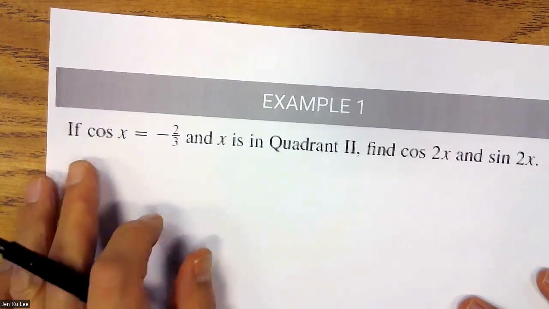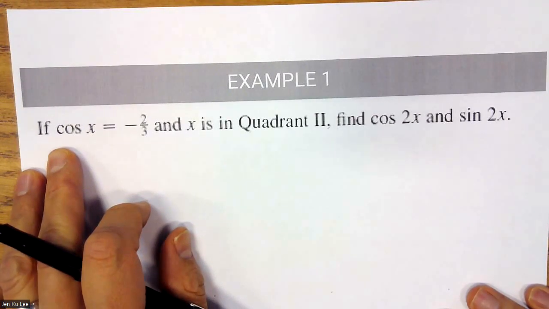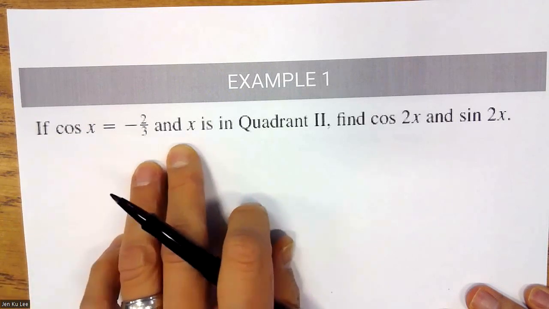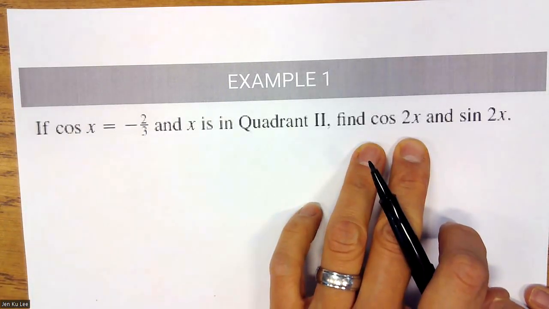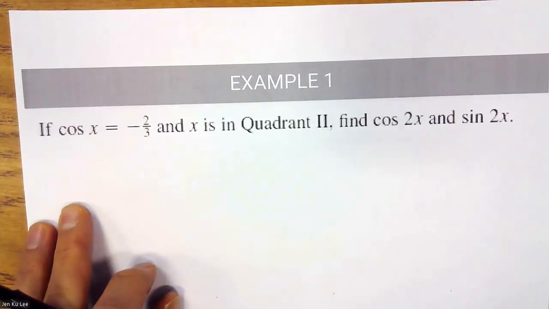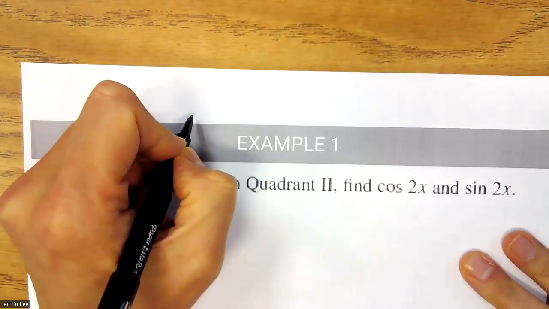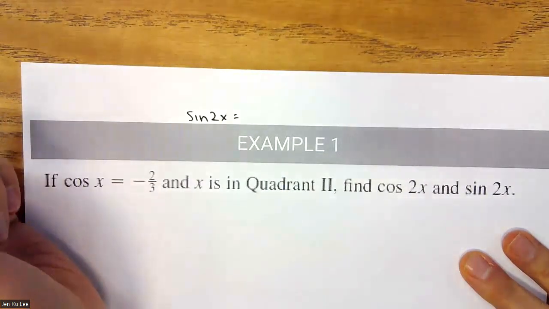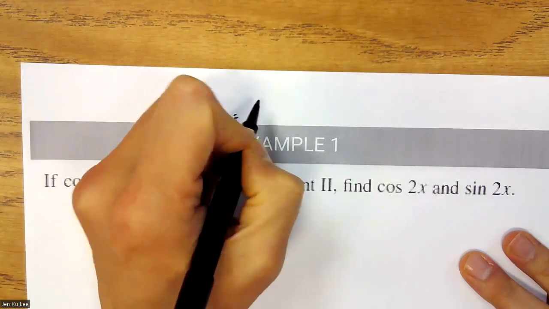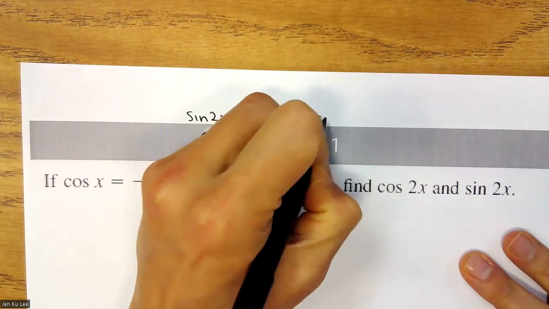All right. So here, if cosine of x equals negative 2 over 3, and x is in quadrant 2, find cosine of 2x and sine of 2x. Okay, so I'm going to put down the sine formula for 2x first, which is 2 sine of x times cosine of x.